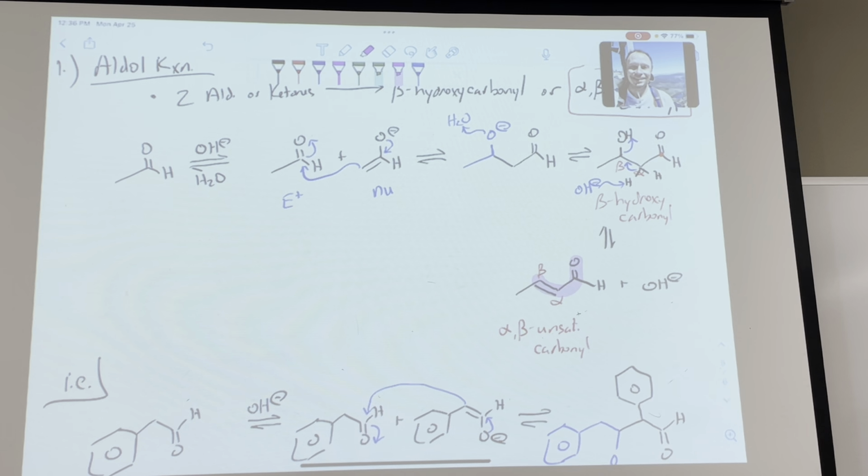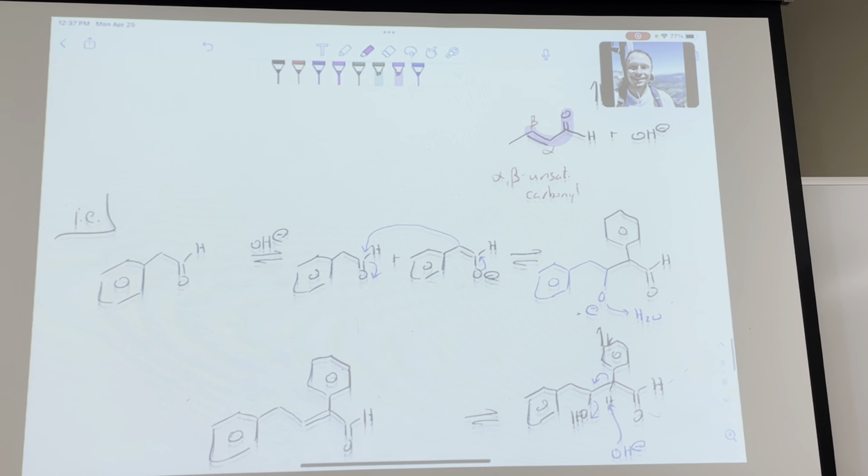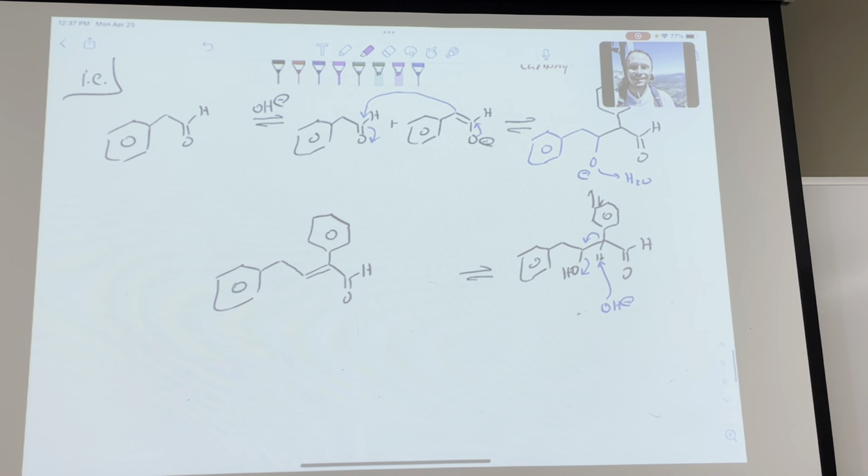Well, not so much resonance, I mean, kind of, but it's just a highly conjugated system. By doing that elimination of the hydroxide, it gives you a much more highly conjugated system than a beta hydroxycarbonyl was. Same thing's true here, right? You get this nice conjugated system.